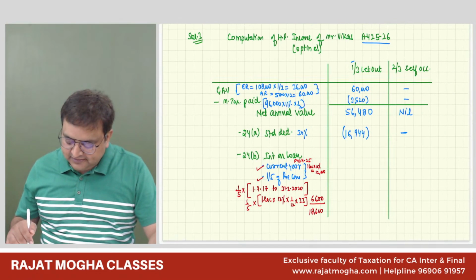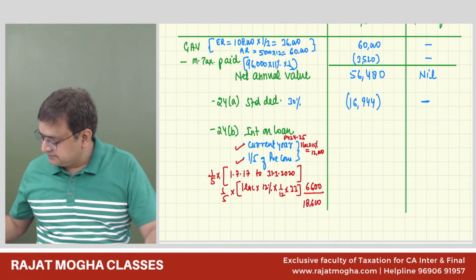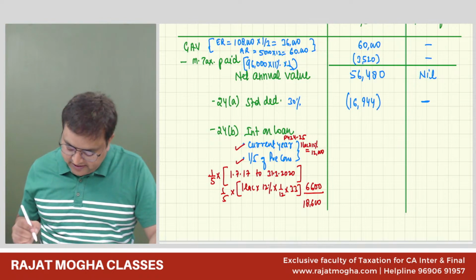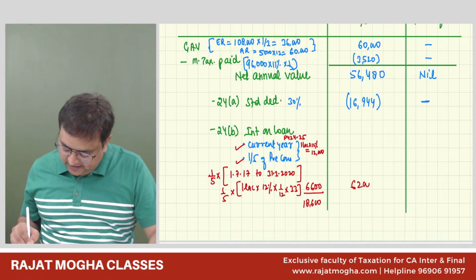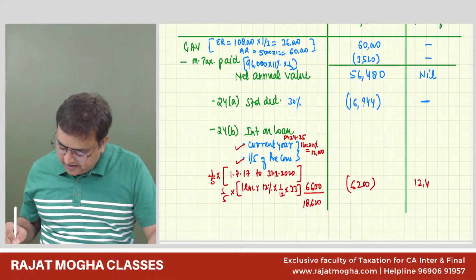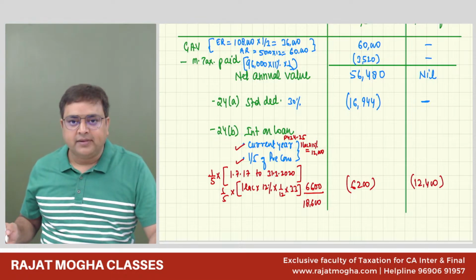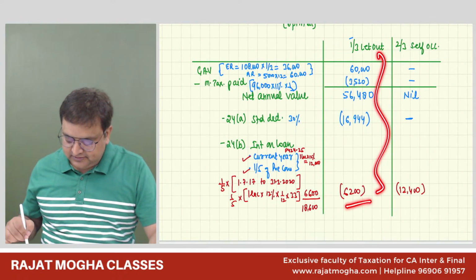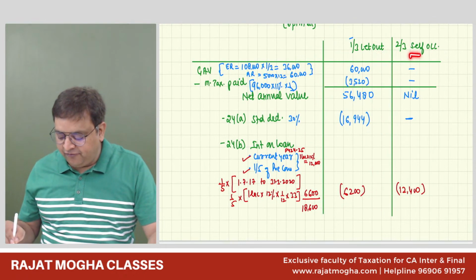1/3 of this is 6,200, we'll take it here, and the remaining 12,400 we will take it here. And guys, in let out there is no limit, but in self-occupied there is a limit.